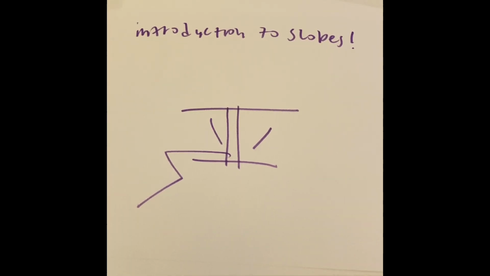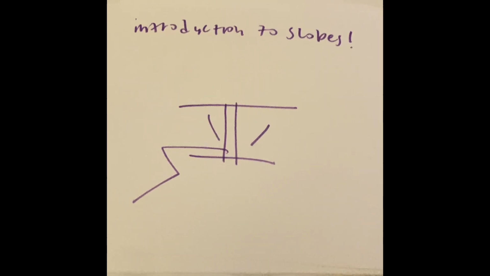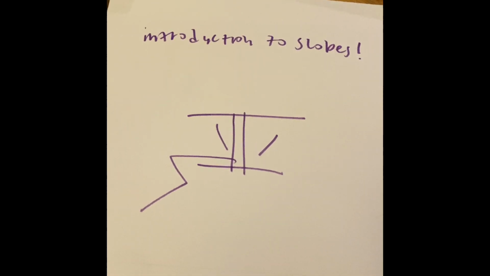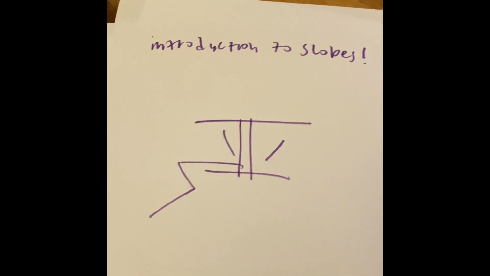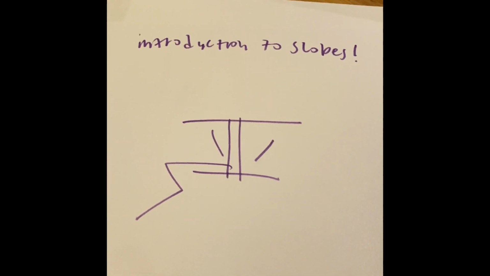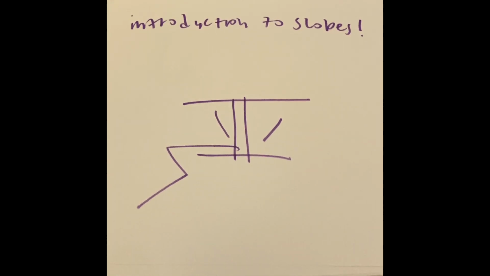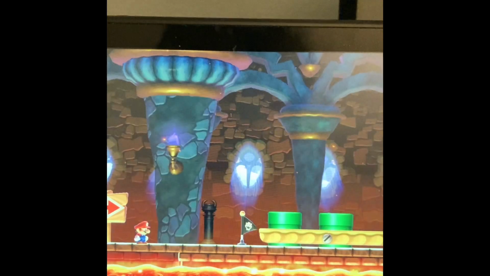So in this video, we're going to learn about a unique equation that we will be using in order to graph slopes on a graph, and we're going to explain why we need it in the real world. When you think of slopes, this is what you might think of.